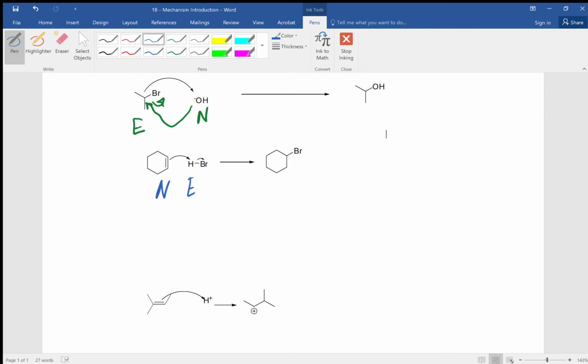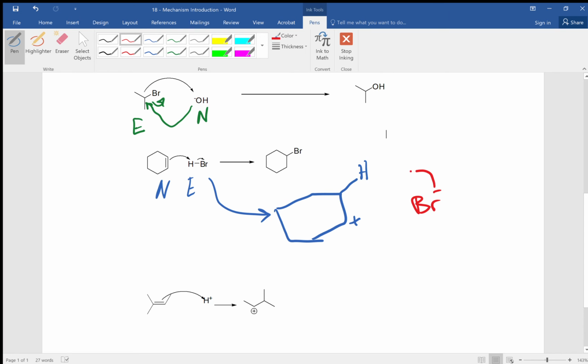If this mechanism takes place the way that it's drawn, what will end up forming is a cyclohexane ring where those pi electrons have attached to hydrogen and we form a carbocation. In order to get to what was shown, we then have to do the second step of the mechanism where the bromine attacks the carbocation.